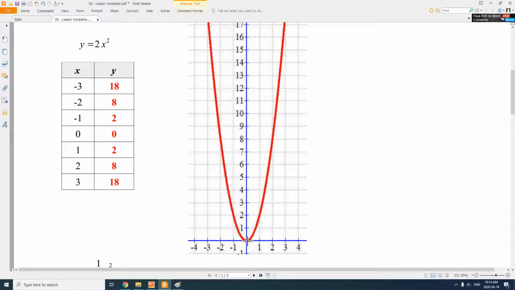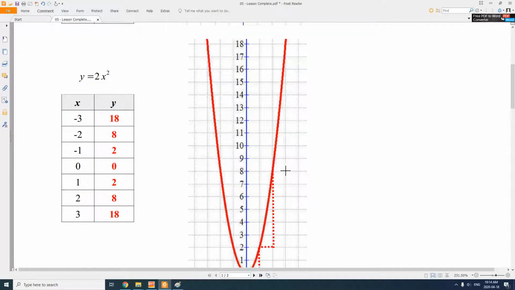Once again, starting from the vertex, I went over 1. This time to get back to the parabola, I went up 2. Then I went over, and it looks like I'm going to have to go all the way up 6 to get there. And I could keep going if I need to. Let's see.